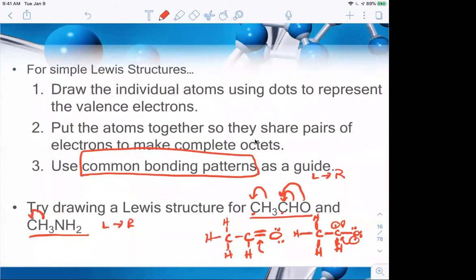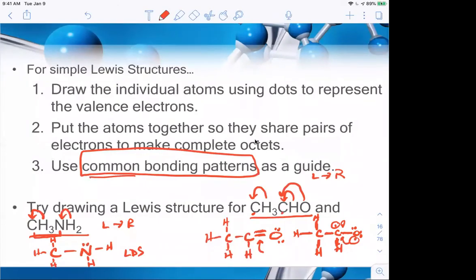So these hydrogens are on this carbon, these hydrogens are on the nitrogen, and the carbon is attached to the nitrogen. So I have carbon, nitrogen, right? And I have H, H, H. I know that nitrogen forms 3 bonds and has 1 lone pair. So this is the Lewis dot structure for this compound.